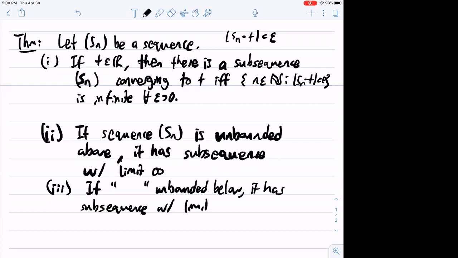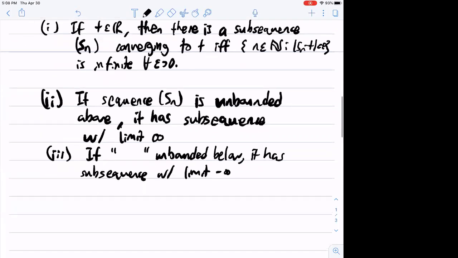Hopefully this is clear, right? If you're unbounded, you could be unbounded above and below, right? So the limit cannot exist, but for example, something like this, it's unbounded above and below, right?